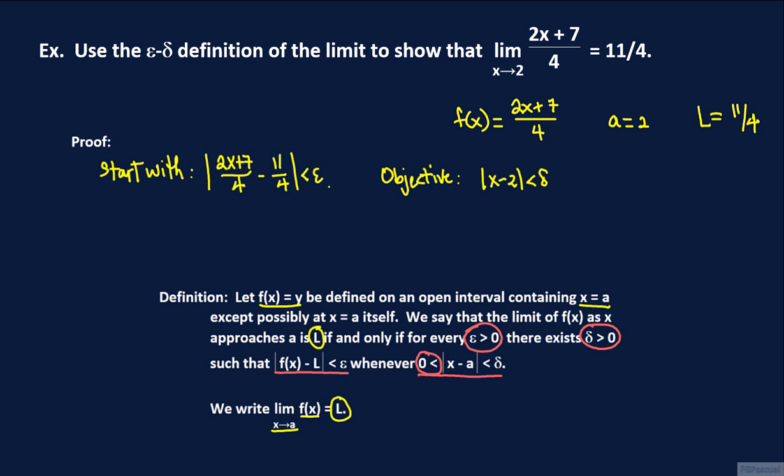The first part of this exercise is to show the existence of delta. We can achieve this by finding delta in terms of epsilon. We simplify the starting inequality and we have that the absolute value of (2x - 4)/4 is less than epsilon.